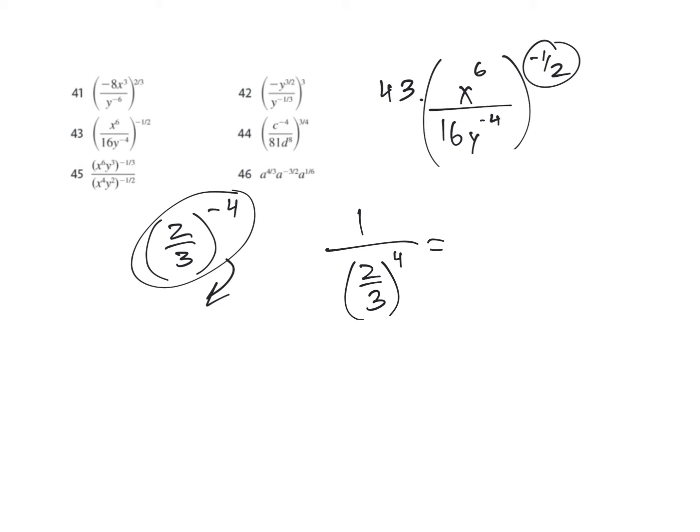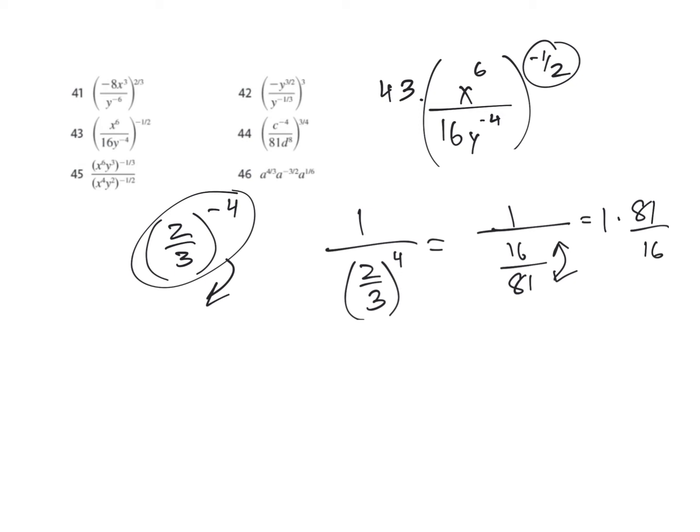And of course that's going to give us 1 over 2 to the 4th is 16, and 3 to the 4th is 81. And you have a fraction inside a fraction. What do you do? You're going to take the top times the reciprocal of the bottom, which is 2 to the 4th and 3 to the 4th, but flipped upside down.